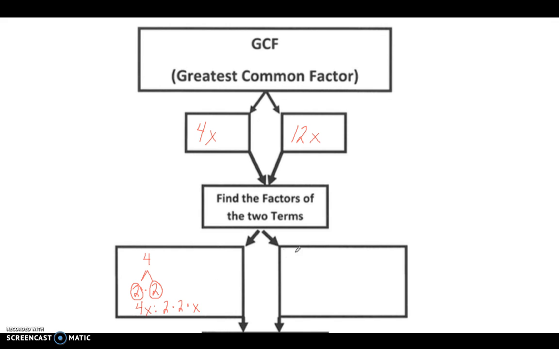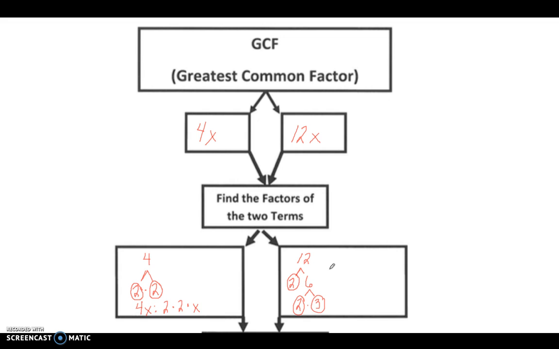Let's move on to 12x. Let's do a prime factorization tree for 12. I'm going to pull out the factor 2. I know 2 is prime. 2 times what will give me 12? That's 6. And 6 is not prime. So let's continue our factor tree down. I'm going to pull out the factor from 6 of 2. 2 times 3 will give me 6, and I know 2 and 3 are both prime numbers.